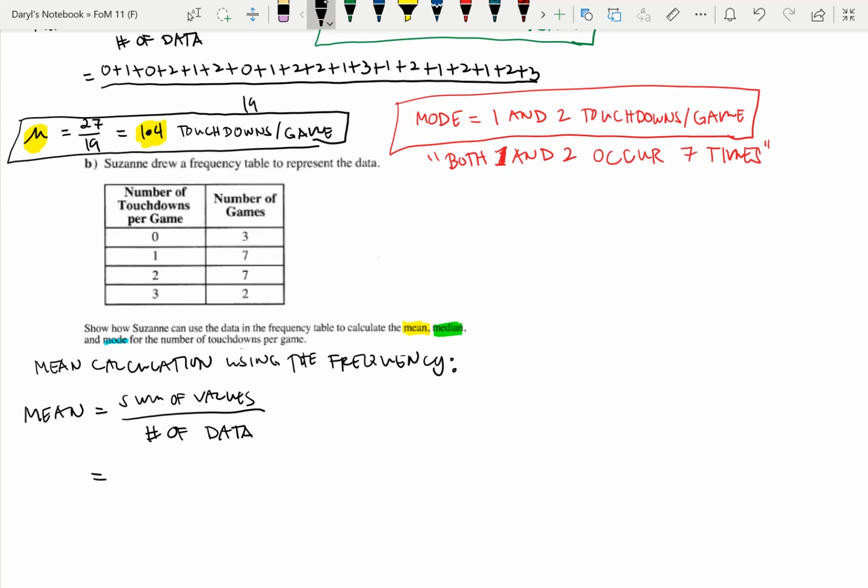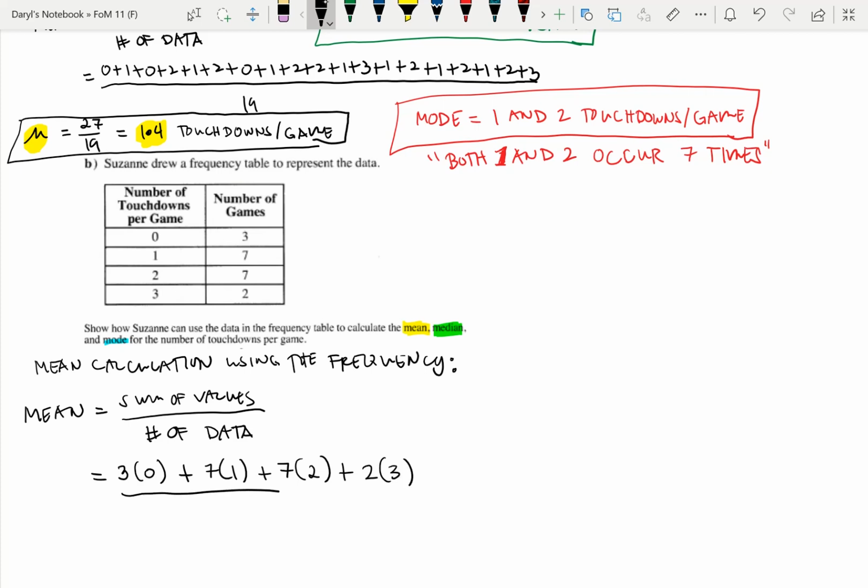Well, for 3 games he has 0 touchdowns, plus in 7 games he has 1 touchdown, and then for another 7 games he has 2 touchdowns, and for 2 games he has 3 touchdowns.